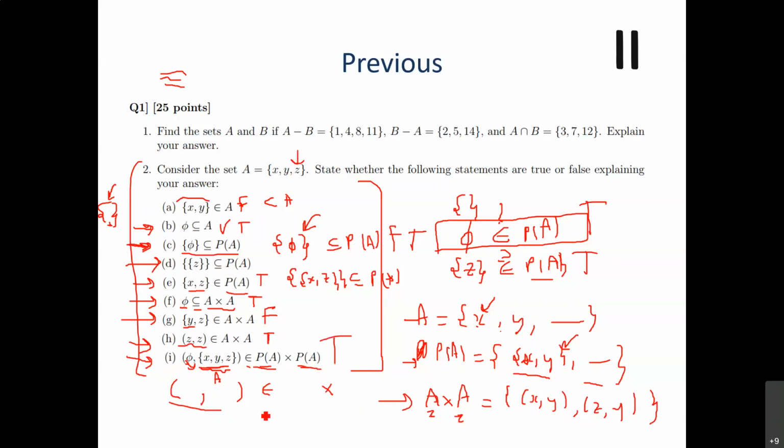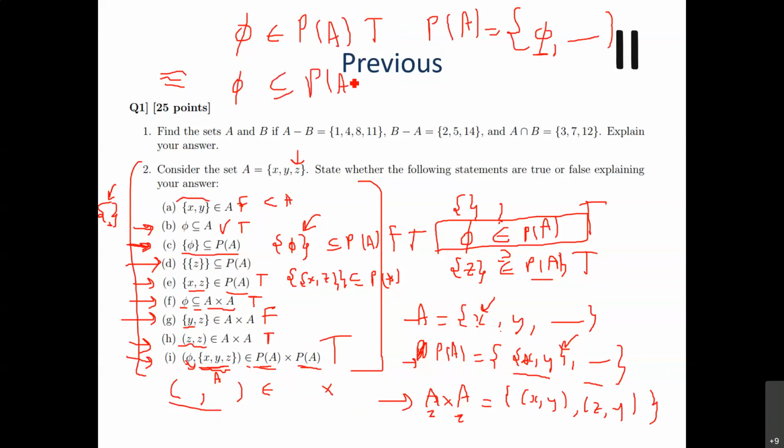One last note. Phi does belong to P of A. This is true because when you write P of A, it's right there as an element. Now, when we're asking, is phi a subset of P of A, it's also true.